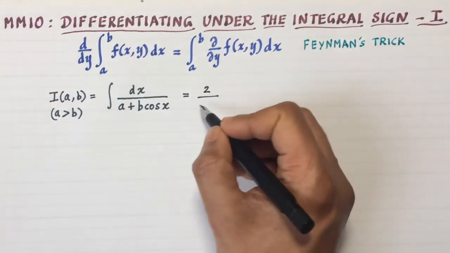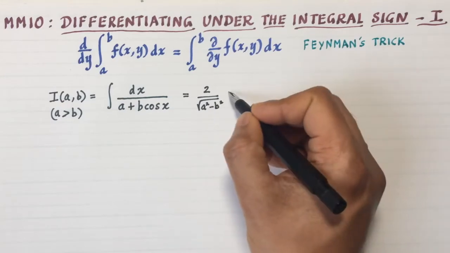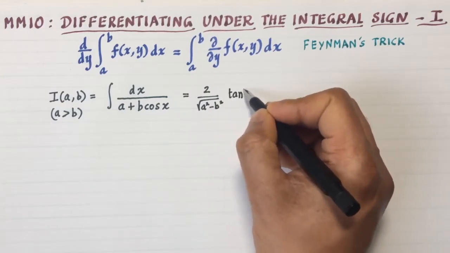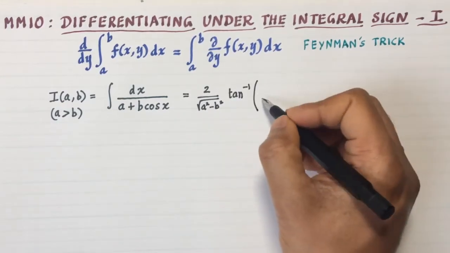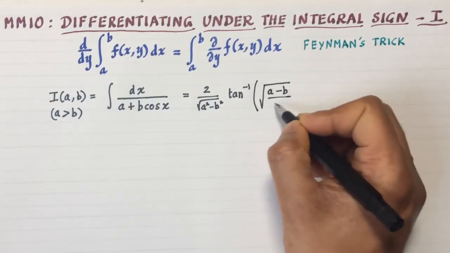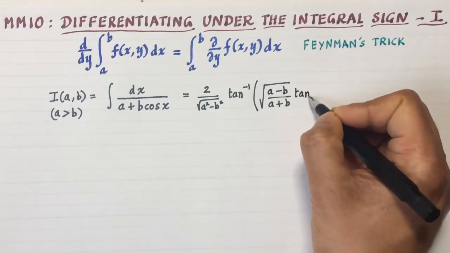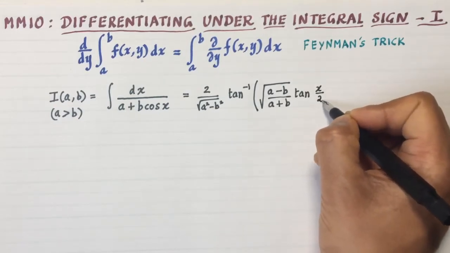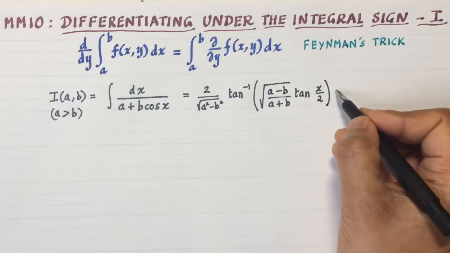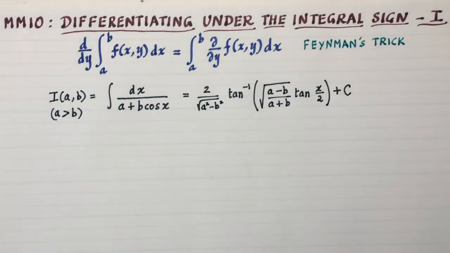So 2 over the square root of a squared minus b squared, arctangent of the square root of a minus b divided by a plus b times tan of x over 2. And because this is an indefinite integral, I put a plus c.